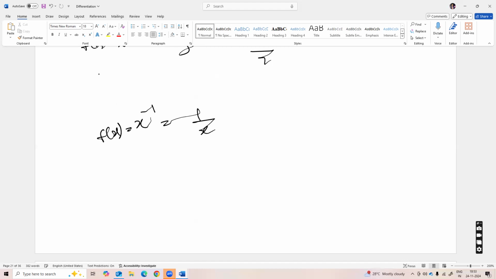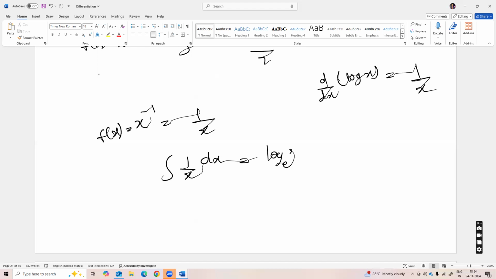As you have seen in differentiation, d by dx of log x is equal to 1 upon x. Therefore, since differentiation and integration are inverse and opposite, the integration of 1 by x dx is basically log x plus c.